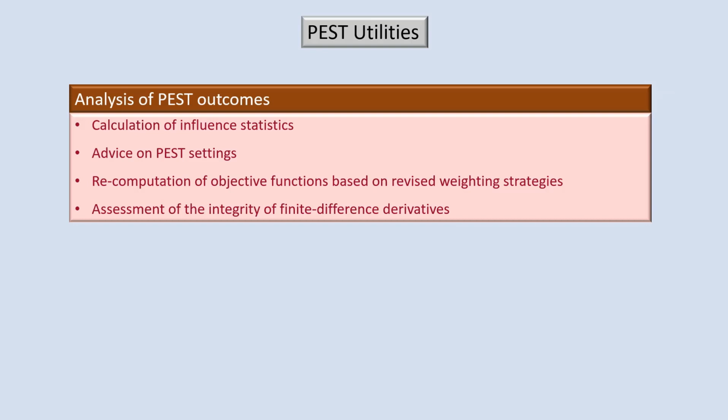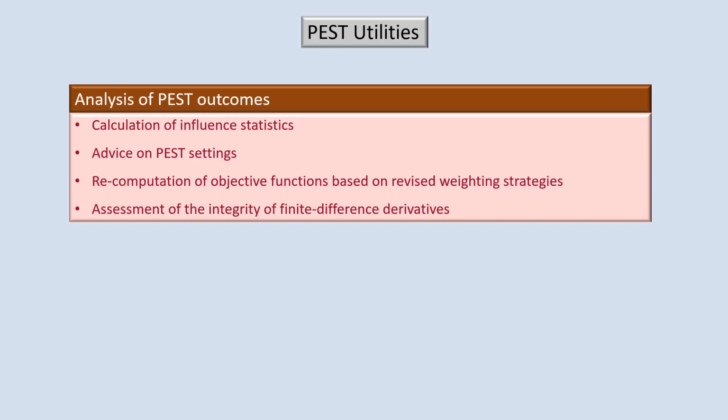Still, other utilities can be used to analyze the outcomes of a PEST run so that we can look, for example, at influence statistics, the way different observations influence the estimation of parameters. Advice can be given on whether PEST settings are optimal or not, given what PEST has recorded on its run record file.